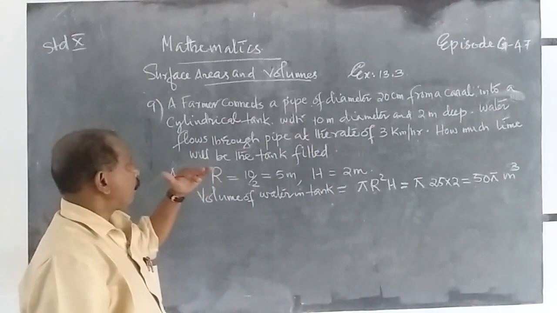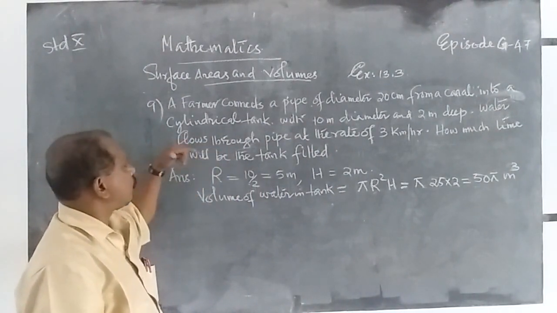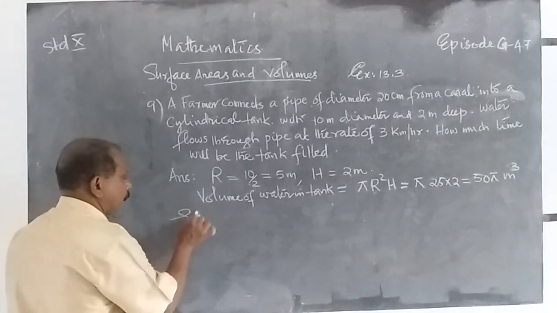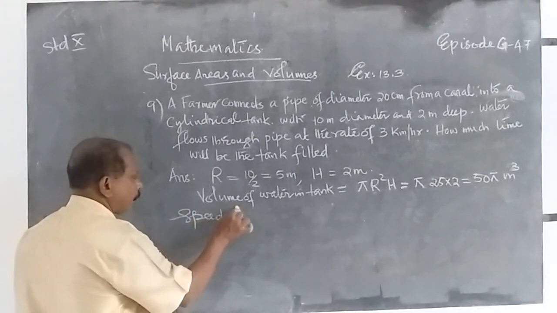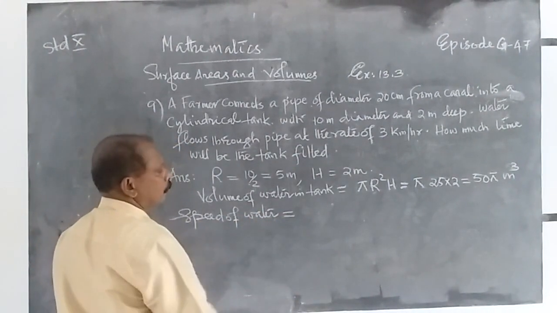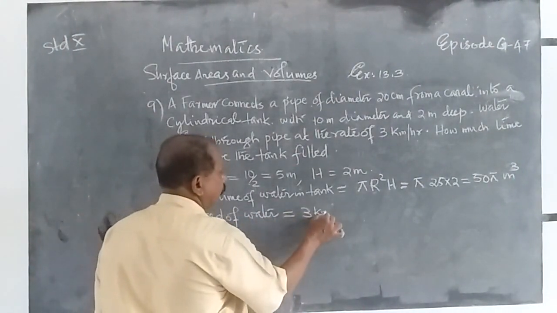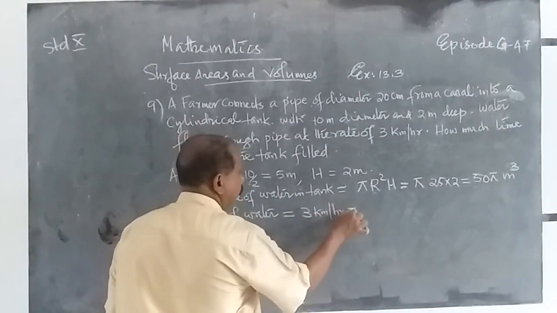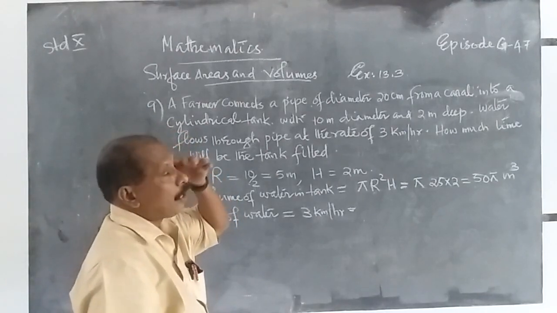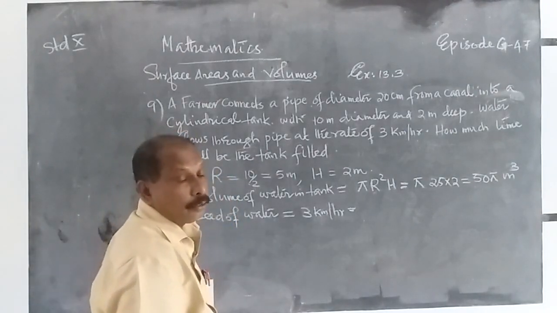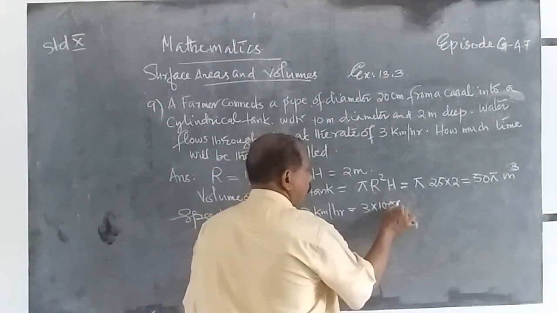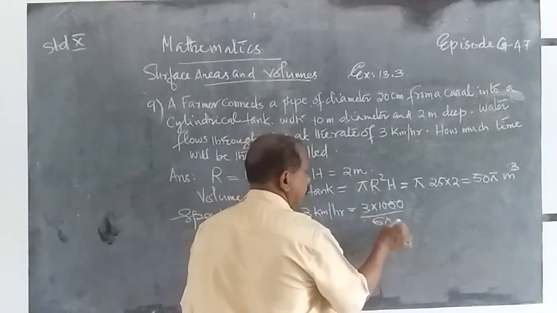Now the rate of flow through the pipe is 3 km/h. Therefore, the speed of water is equal to 3 km/h. That is equal to 3 into kilometer converted to meter multiplied by 1000, hour converted to minute divided by 60. That is 3 into 1000 by 60.